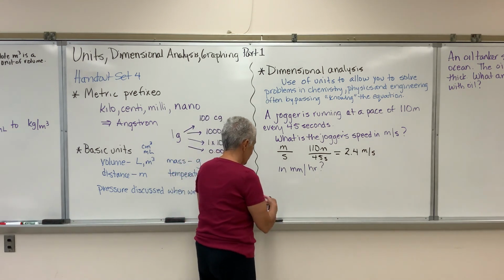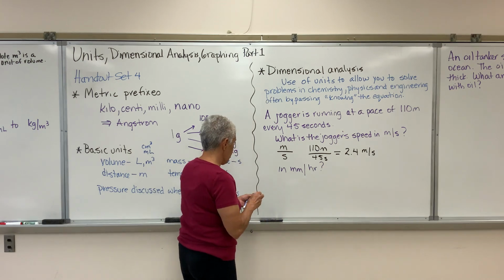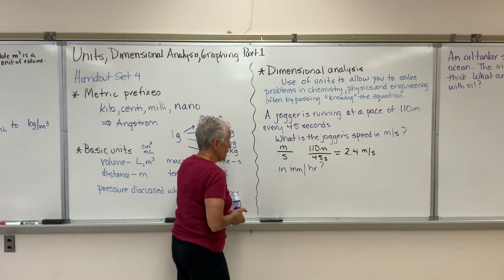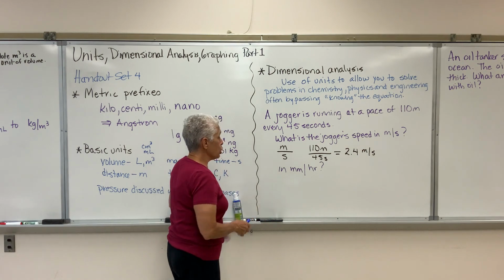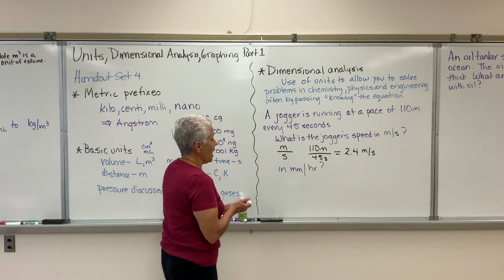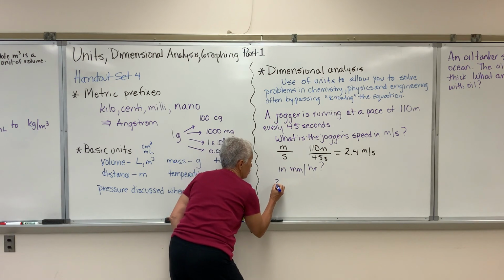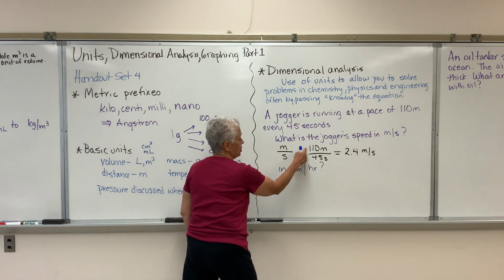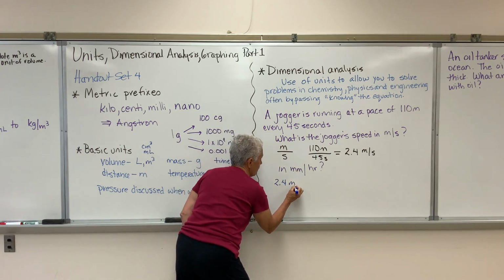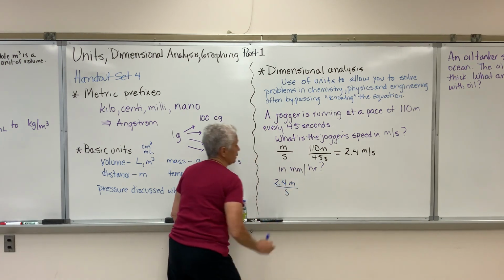All right, then there's the question here of convert this to millimeters per hour, okay? I know where I'm starting, with 2.4, or you can start with these two, either way works, meters per second, right?